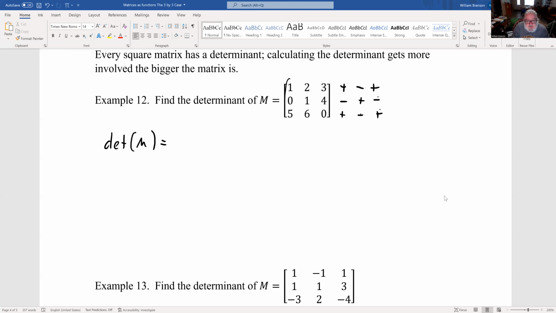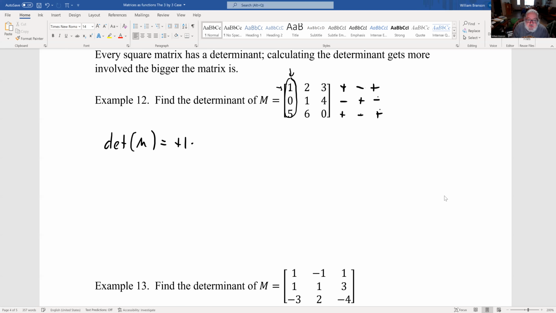So I'll pick the first column, and I take this number with this sign, so +1, times the determinant you get when you look at the matrix that's left when you've deleted this column and this row.